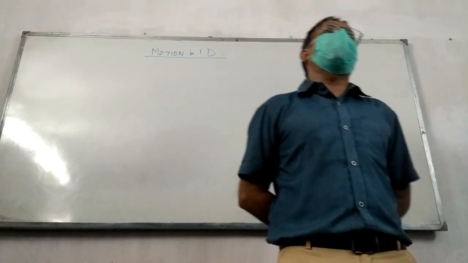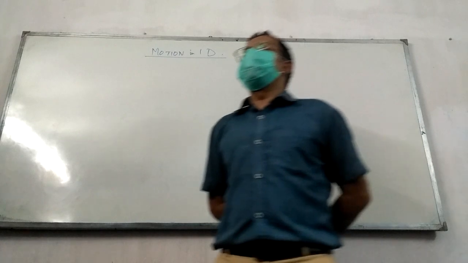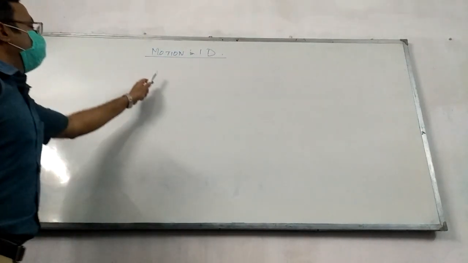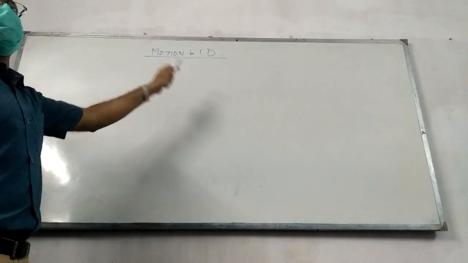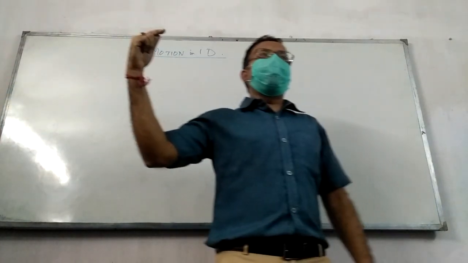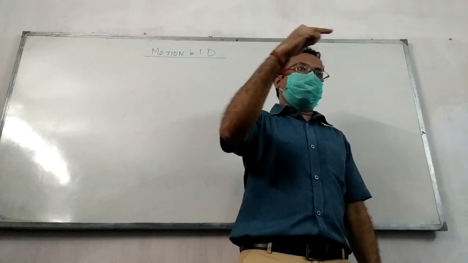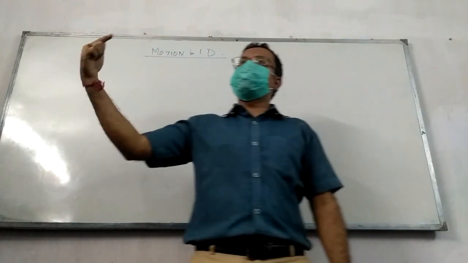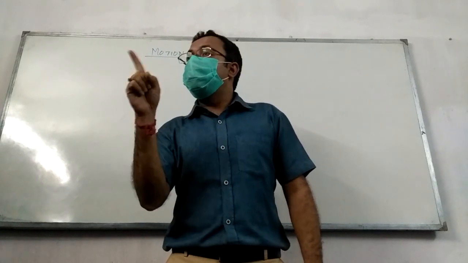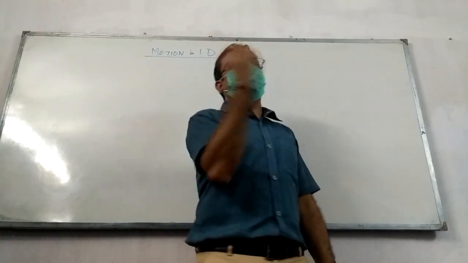Now comes the types of motion. Before we go for discussion of types of motion, we need to mention that we are doing motion in 1D. Motion in 1D means the motion will take place along a straight line. The direction can only change to just the opposite.